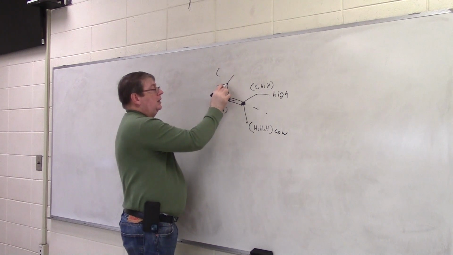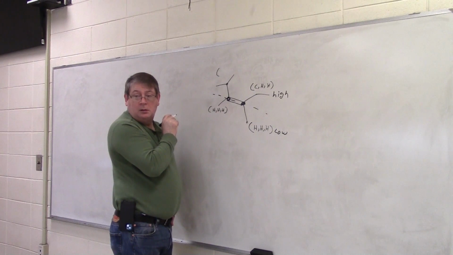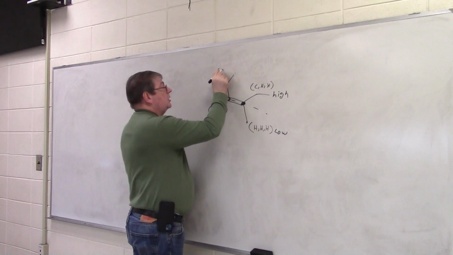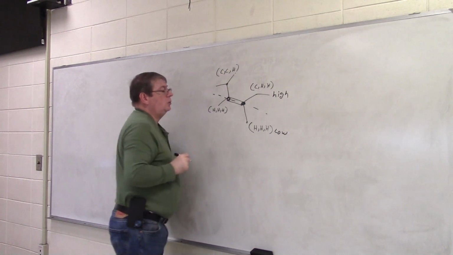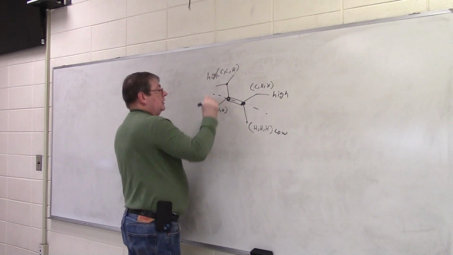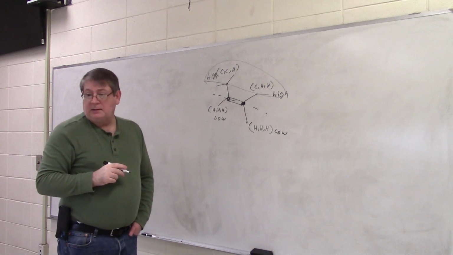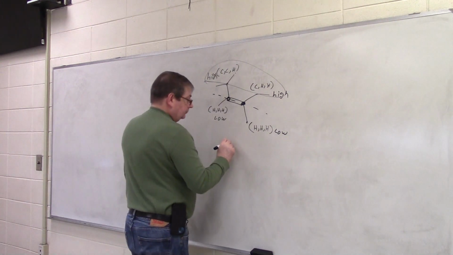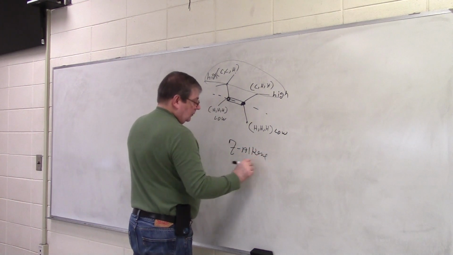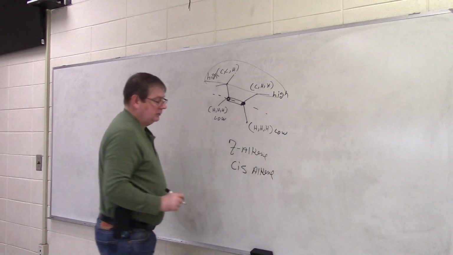Another carbon, and it's attached to this carbon, it's attached to that carbon, and it's attached to a hydrogen. So it's got 2 carbons and a hydrogen. Which one of those wins? 2 carbons. Yep, so this is high, and this is low. So my highs are on the same side. So this is a what alkene? Z. This is a Z alkene, or you might call it a cis alkene, right?